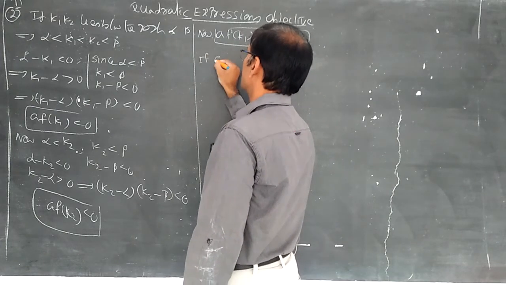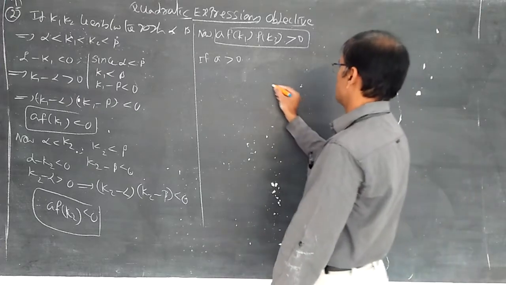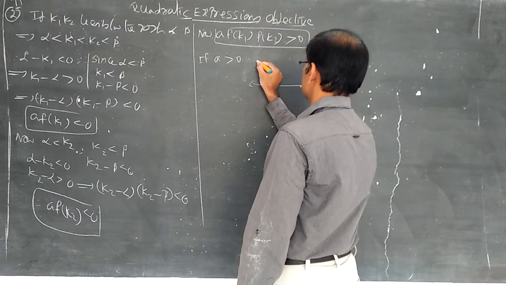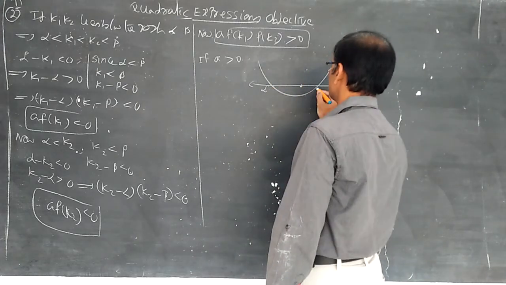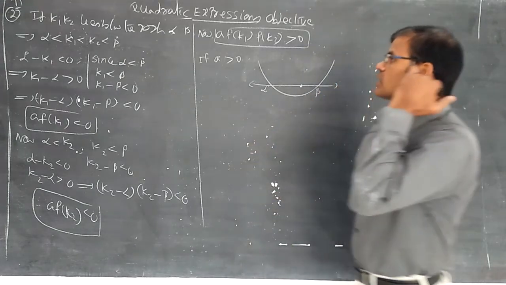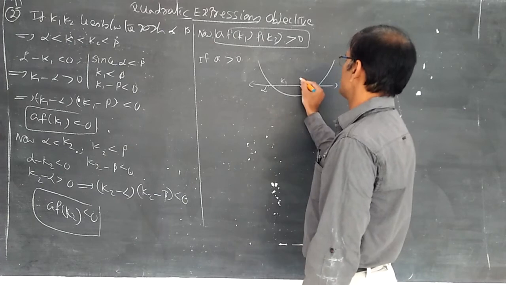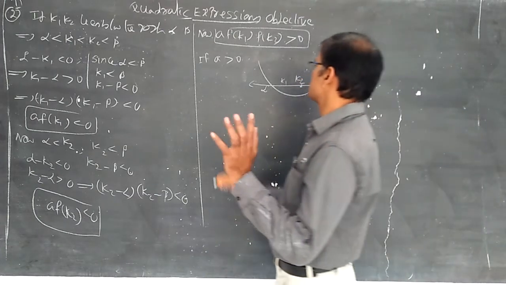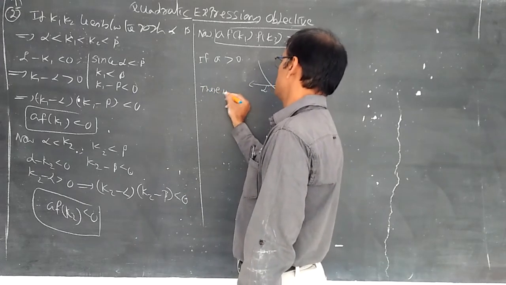Whenever a greater than 0, the graph is an upward parabola. Draw like this. Here put alpha, put beta. Now k1 and k2 lie between alpha and beta. Where the vertex exists, we cannot say. That is why there is no relation with minus b by 2a. There is no relation.